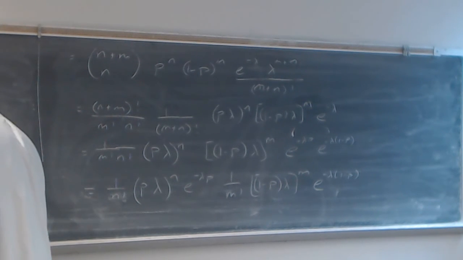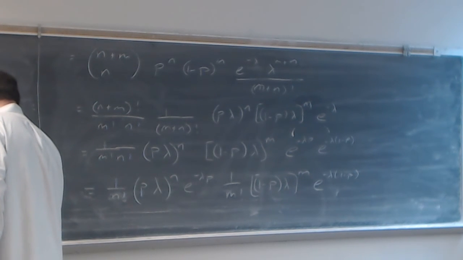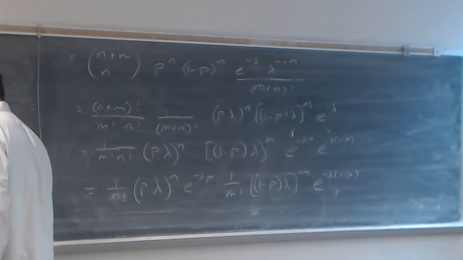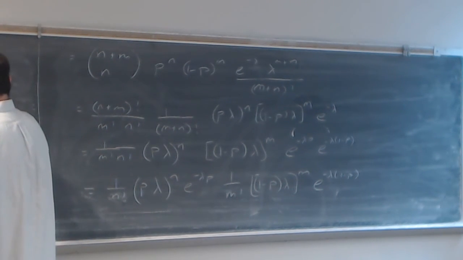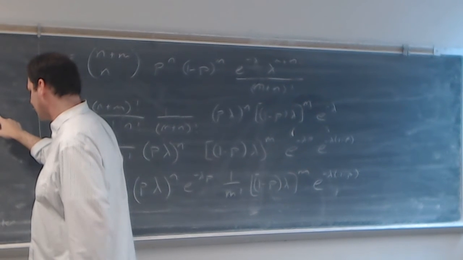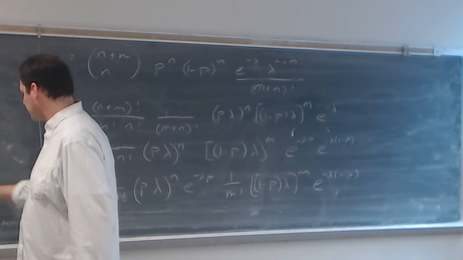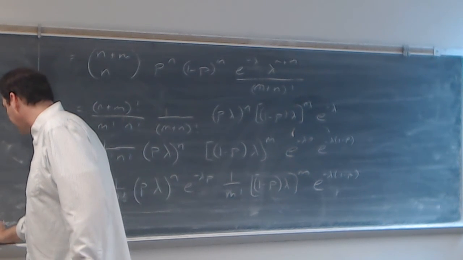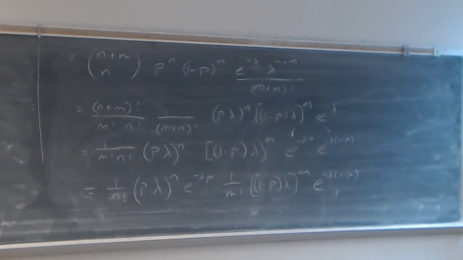Recall e to the minus lambda, lambda to the x over x factorial, and we'd be summing up over the x's. So here, it's a Poisson random variable with parameter lambda times 1 minus p.